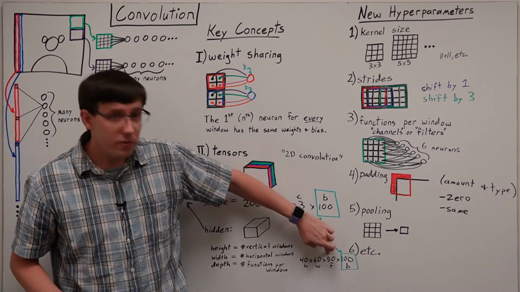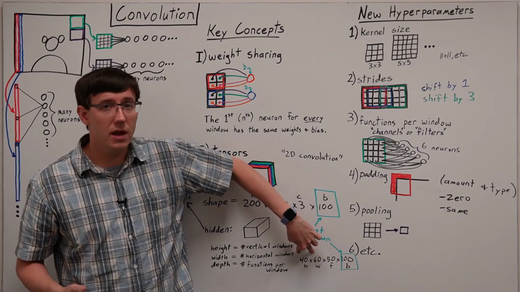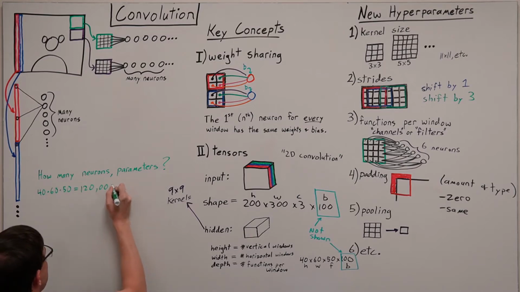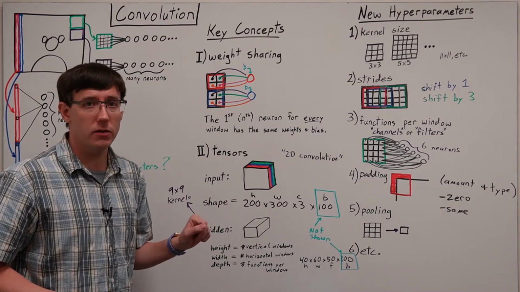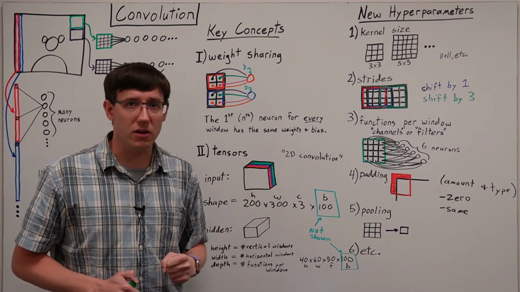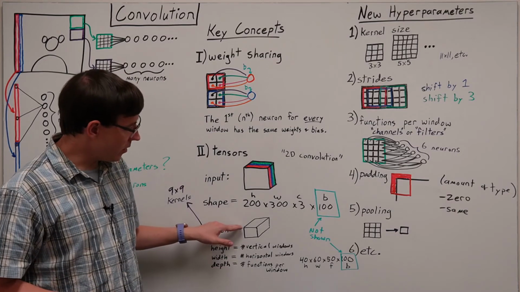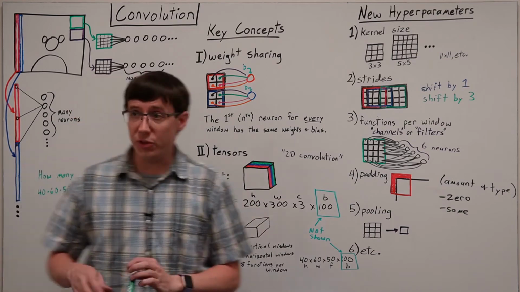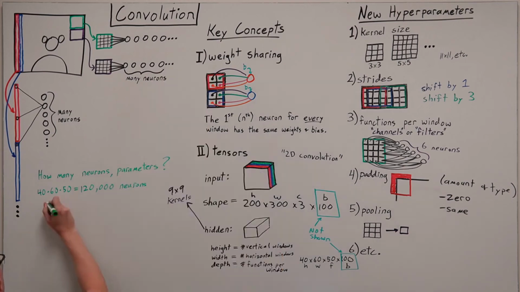So if we have 50 neurons per window and 40 by 60 windows, that gives us our number of neurons. So this layer would contain 120,000 neurons, but luckily a lot of those neurons share weights and biases. So in calculating the number of distinct parameters, we can completely ignore the height and width dimensions because we know the neurons are just duplicated over all of the different windows.